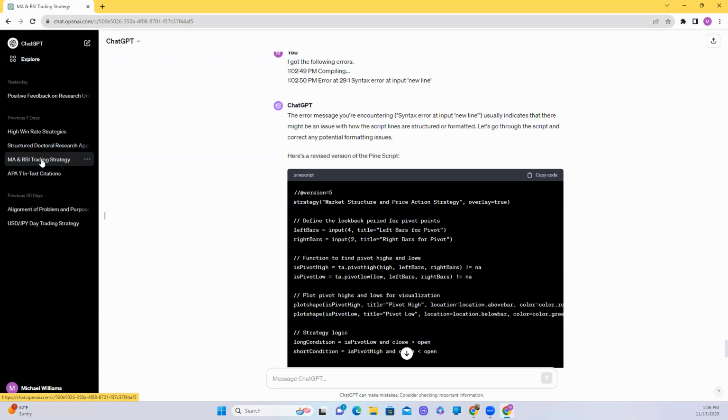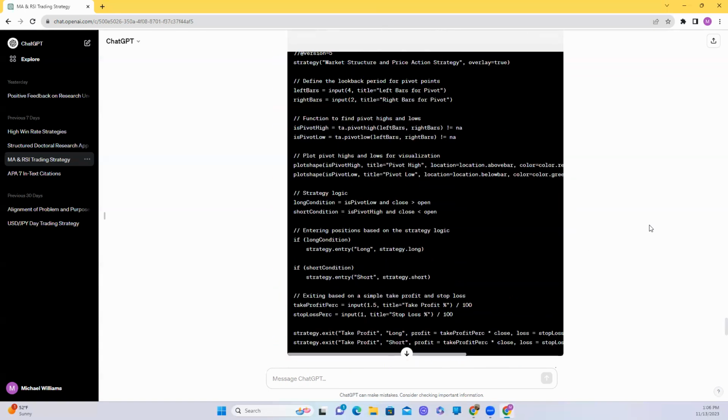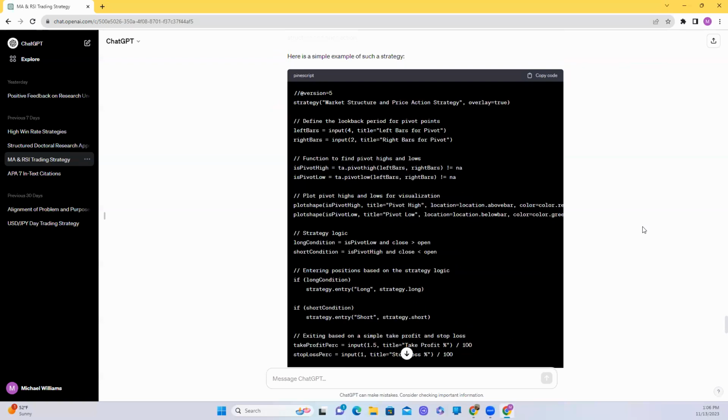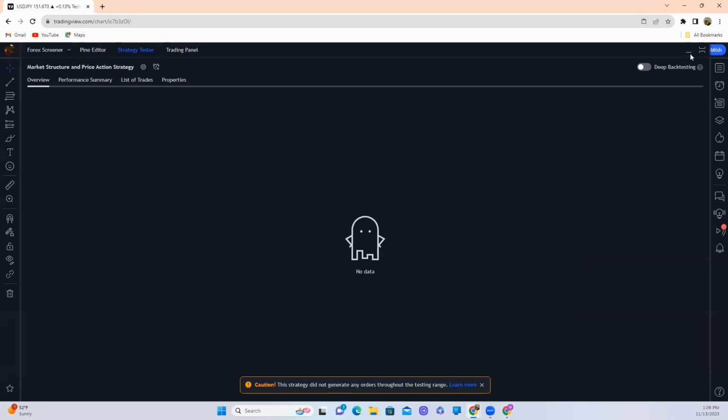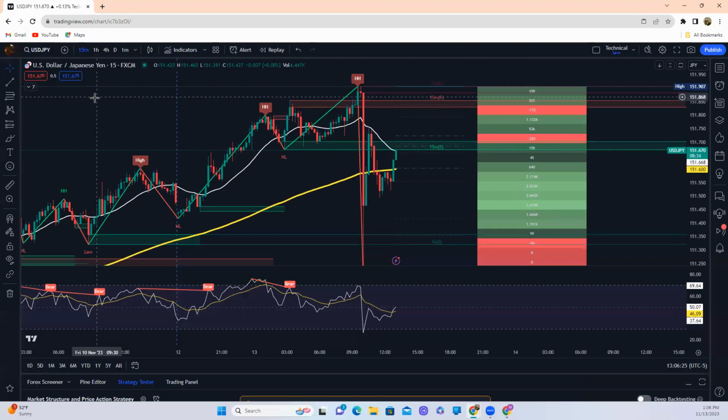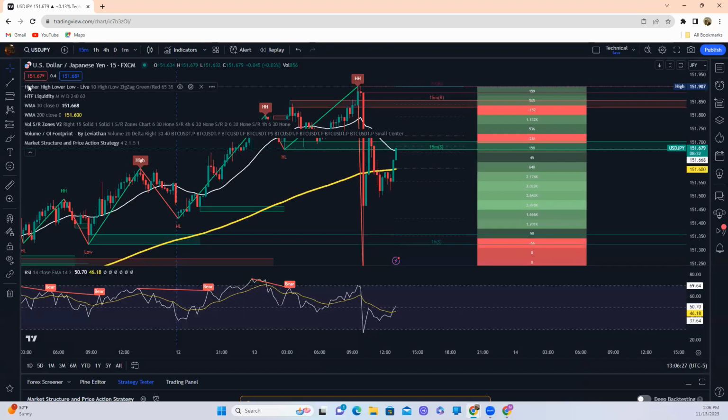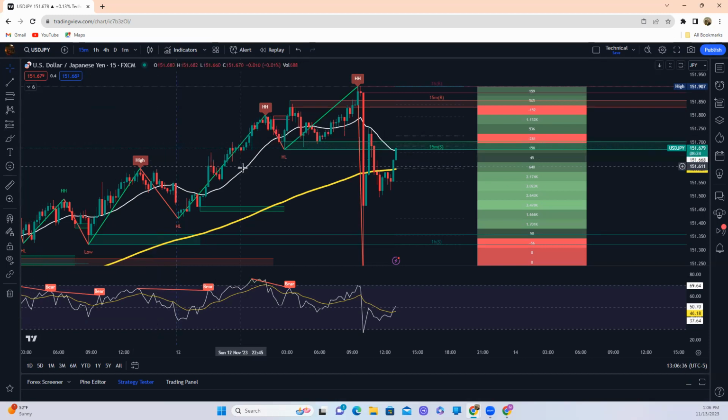But I think the 200 moving average was too specific for it. I don't think the conditions were met on this particular chart, because it's testing based off of your chart. It adds the strategy to the chart, or what have you. All right, but let me show you. I'm gonna delete this off my chart here. But that's how you can create a strategy and test it.